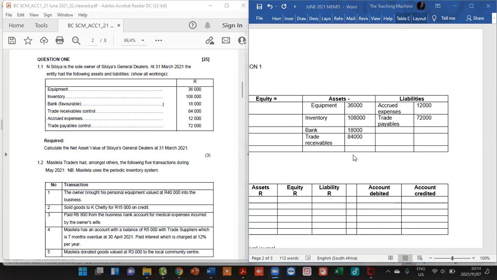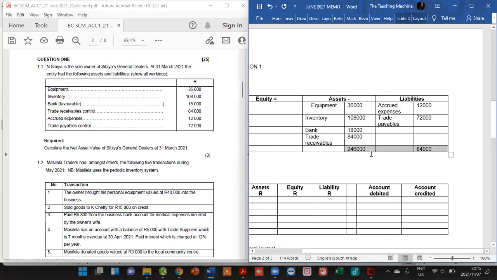Thank you very much. It's 246. That's the sum of our assets, 246,000. What about liabilities? 12,000 plus 72,000, 84,000. Thank you very much. We have 84,000 here.